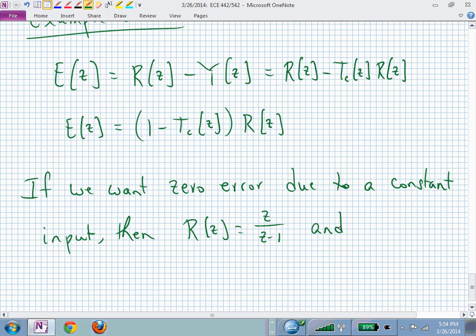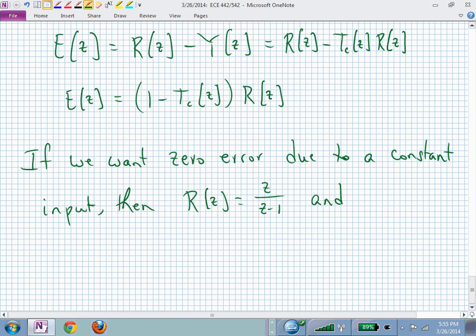Z over z minus 1. And now we can actually apply the final value theorem, because we want to know what's the error as time goes off to infinity. Well, we can find that value from our final value theorem by looking at a limiting condition on capital E of z as z goes to 1, as z goes to its DC location.